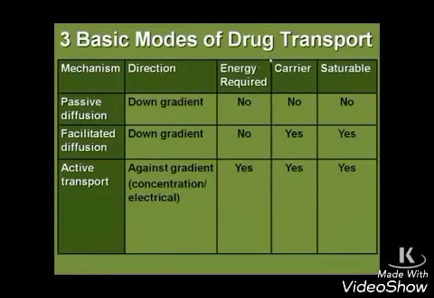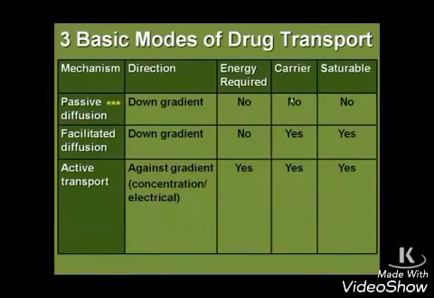When it comes to drug transport, this is a reminder of transport mechanisms you probably have reviewed in physiology. There are three basic mechanisms: passive diffusion, facilitated diffusion, and active transport. This applies for drugs as well; each of these mechanisms can be utilized by drugs. But really, it's passive diffusion that is most often used. Remember, drugs move down their concentration gradient.